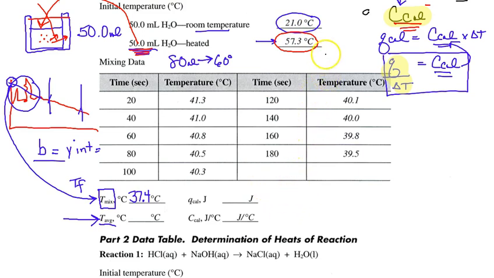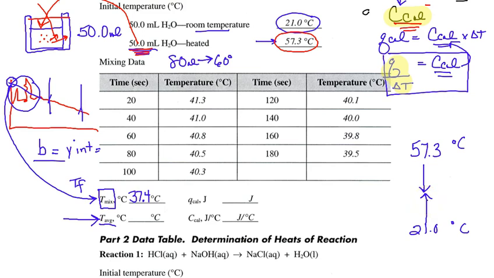So if there was no heat loss, we would have 57.3 degrees Celsius going down in temperature, and we'd have 21 degrees Celsius cold water going up. They'd meet somewhere. Where would they meet exactly if there's no loss of heat to the calorimeter? Okay, well, all we're going to do is take those two numbers and subtract.